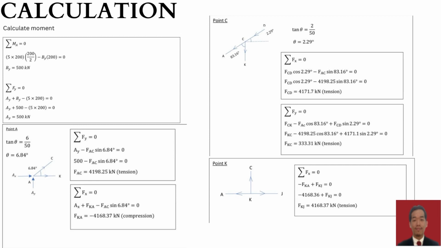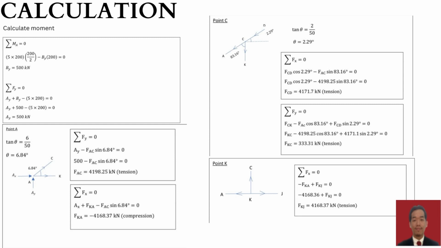4198.25 kN and FKA is negative 4168.37 kN. From the values of the forces on both trusses, we acknowledge that FAC is in tension and FKA is in compression.